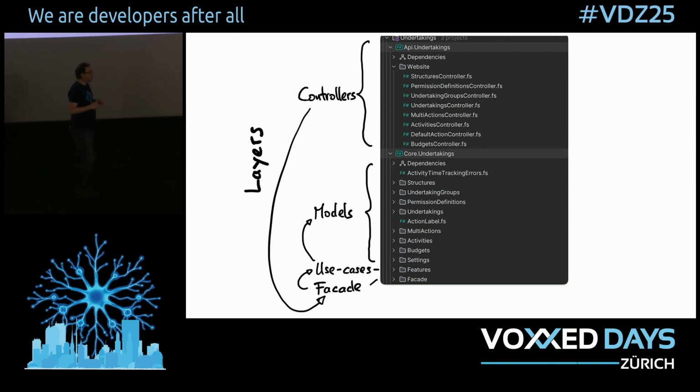It's the outermost layer in the core, in the business logic. And the facade uses the features, where all the use cases are in there. And above the features, there are all the models, the core, what it's called entities in clean architecture, or the domain model in onion architecture. You see the structure directly in code.